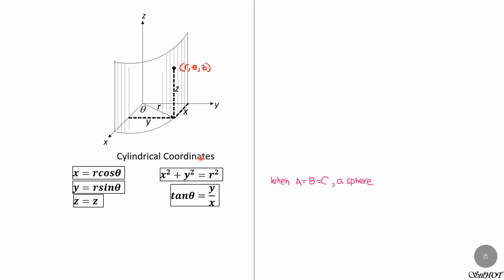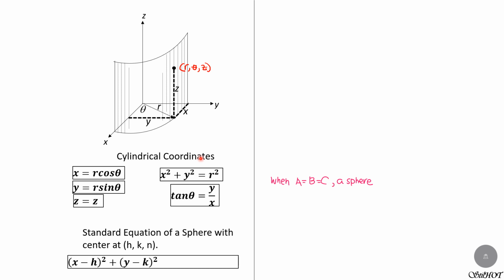Then, to write the standard equation of a sphere with center at (h, k, n), recall the standard equation of a circle with radius small r. Let's extend it to z. So it is quantity x minus h squared plus quantity y minus k squared plus quantity z minus n squared equals the radius of the sphere quantity squared.